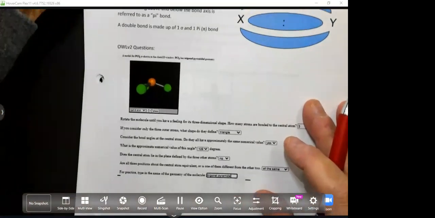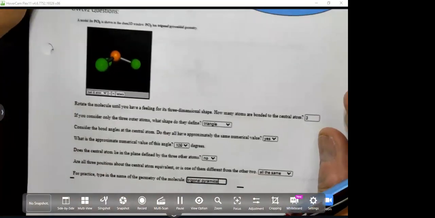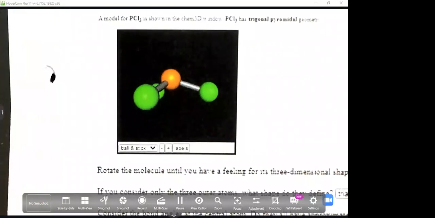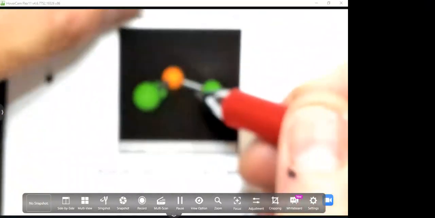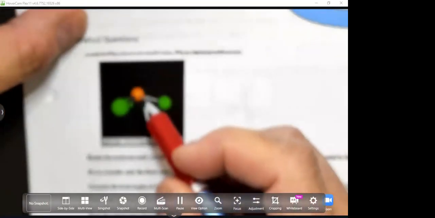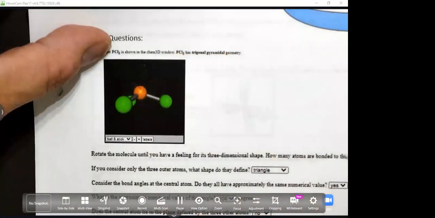But if you get to question or page 22 on this, you've got a question that looks like this. If you have PCl3, which is in this structure, and you see a picture like this, you're going to have a non-bonded pair up there.